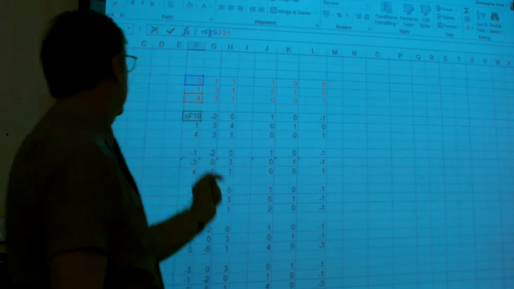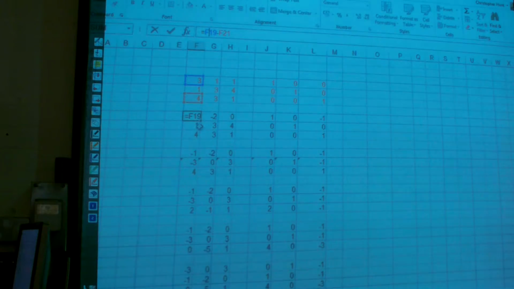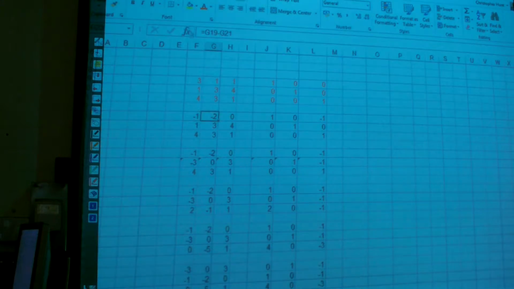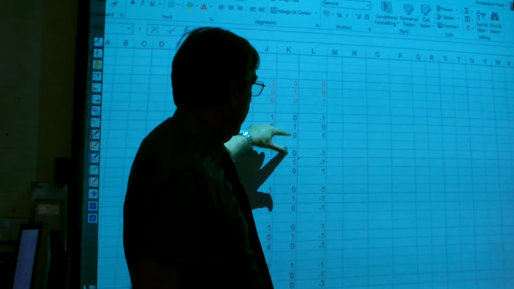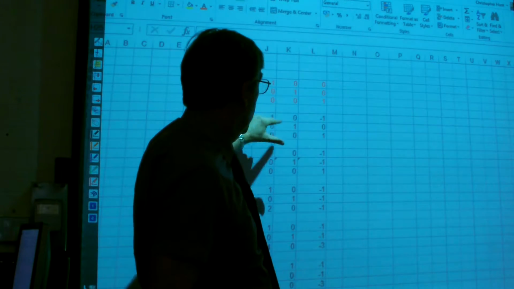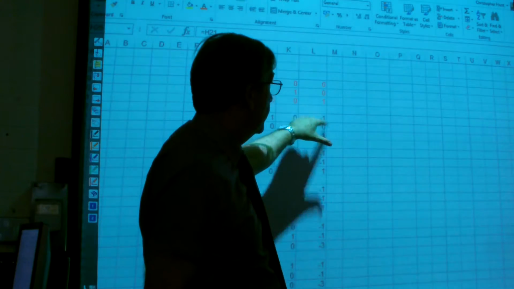So in this cell here, we're taking 4 from 3 to get -1, and here we're taking 3 from 1 to get -2, and 1 from 1 to get 0. And we do exactly the same thing in the identity matrix. We take nothing from 1, nothing from nothing, and 1 from 0 to get -1.